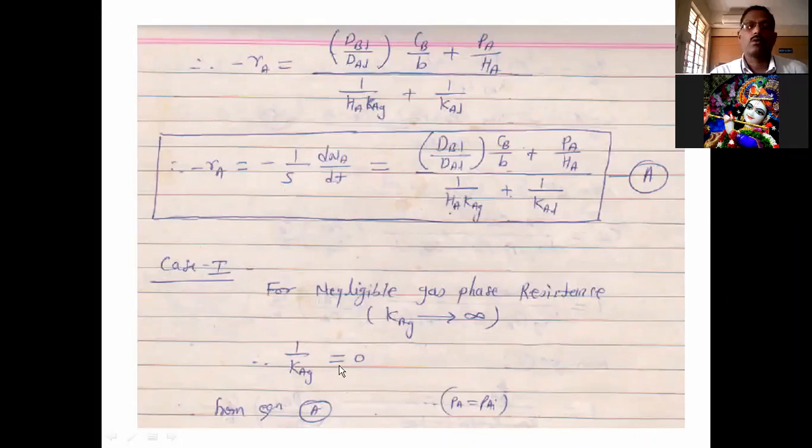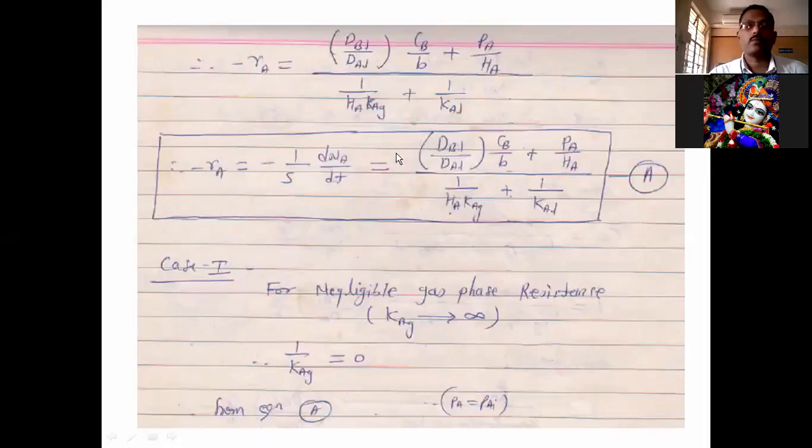Nearly equal to 0 means there is negligible gas phase resistance, no resistance offered by the gas stream. So the rate of reaction is controlled only by the liquid film resistance, and liquid film resistance is very much more than the gas film resistance, and gas film resistance is negligible. This is the case 1 we see.